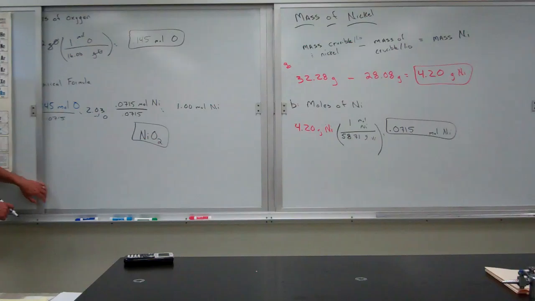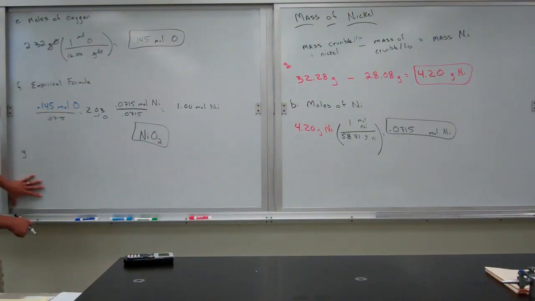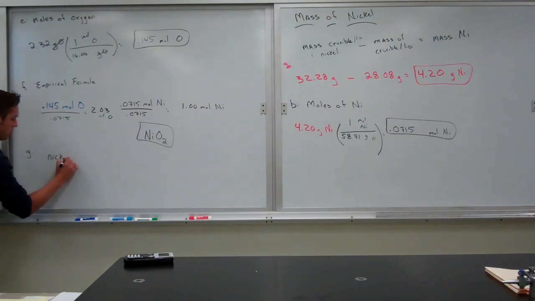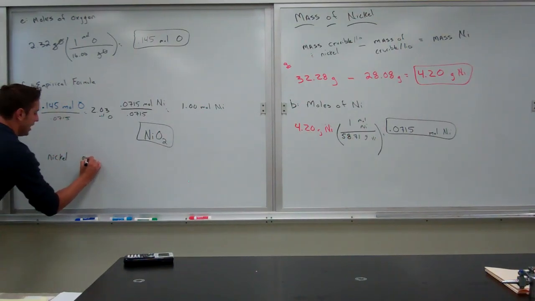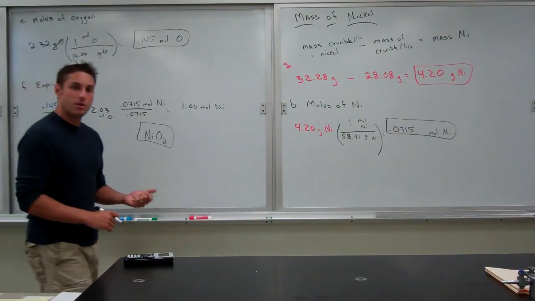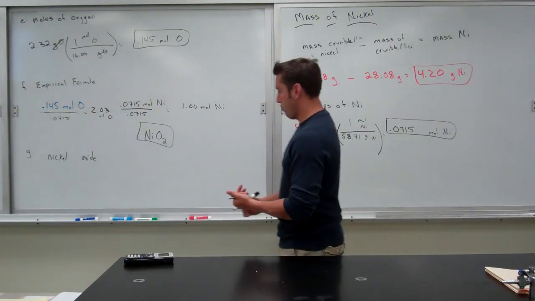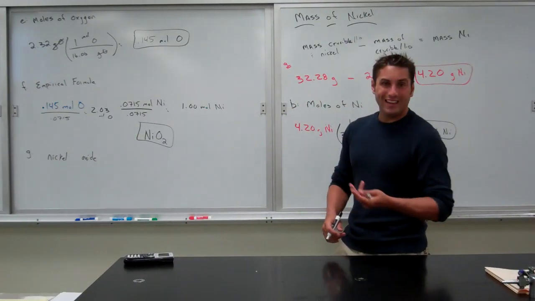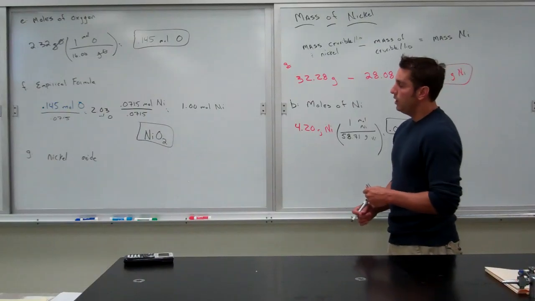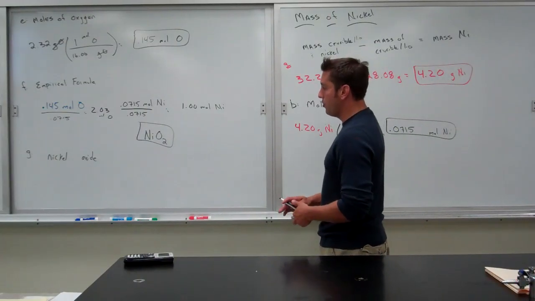And remember, with ionic compounds, we don't use prefixes. So we'll say that this is a nickel oxide, and then we have to check if nickel is a transition metal, it gets a Roman numeral. Well, sure enough, nickel is a transition metal. It's in between groups 3 and 12.